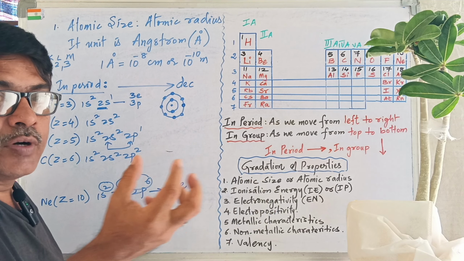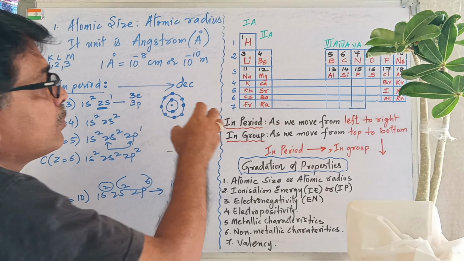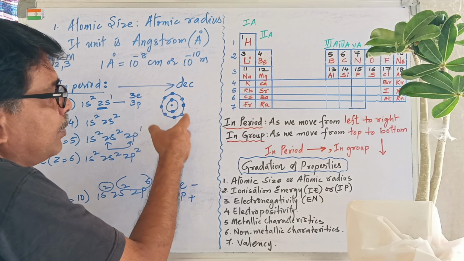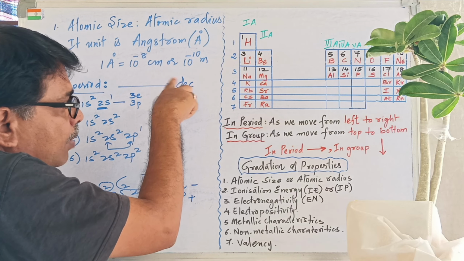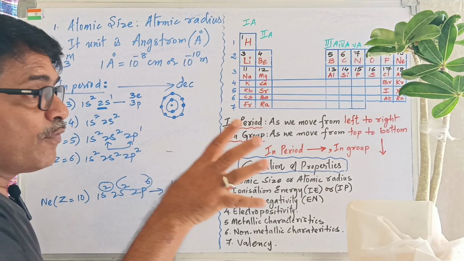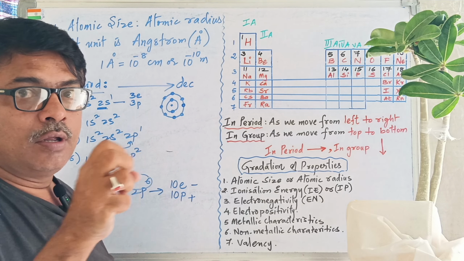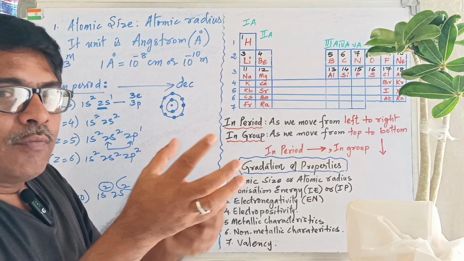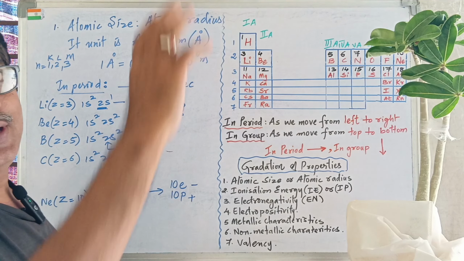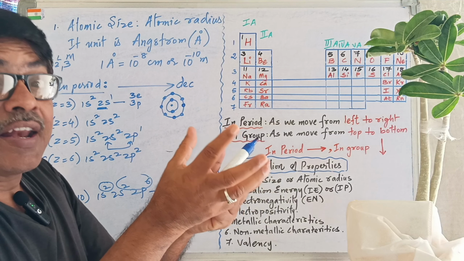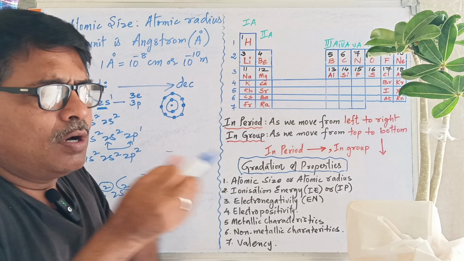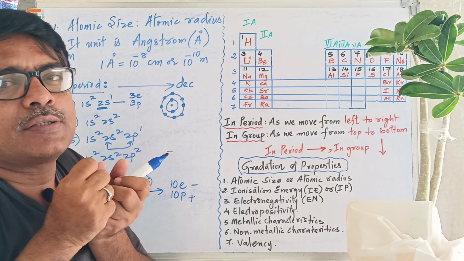A proton pulls the electron towards its center. Now the electrons are not going far from the nucleus because they are entering into the same orbit, the n is equal to 2 orbit. Therefore the pull will be more, right? Therefore atomic size decreases in a period, because the force of attraction is more. The electrons are pulled towards the nucleus.